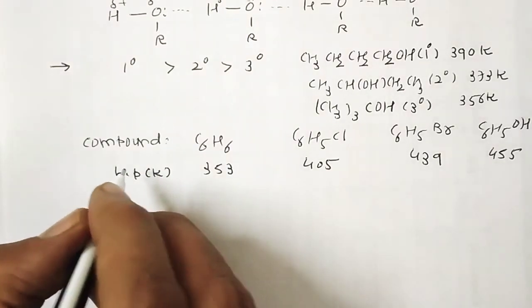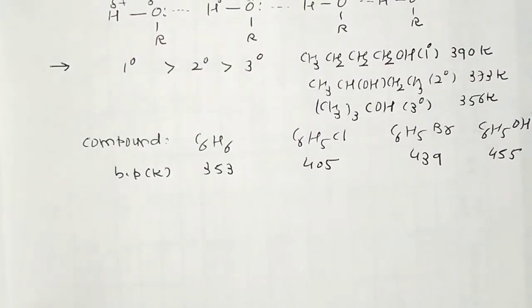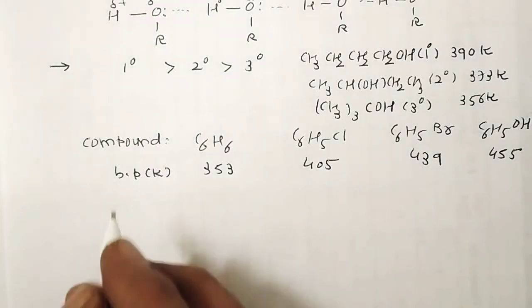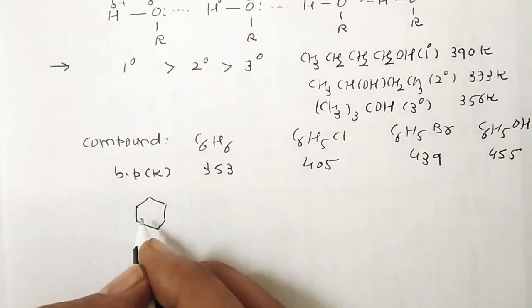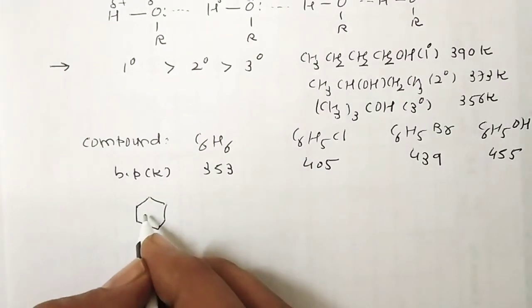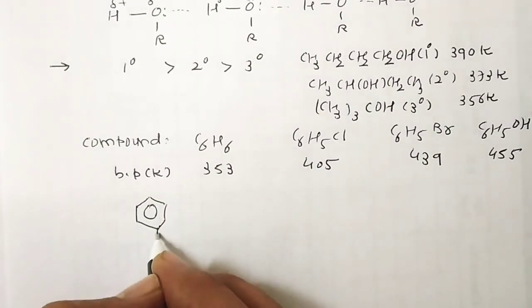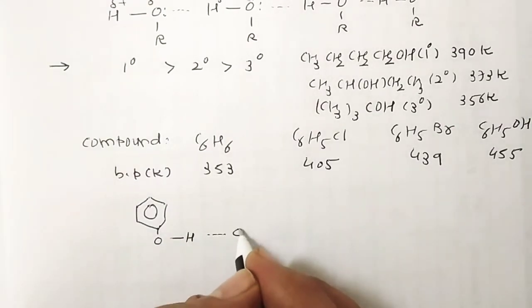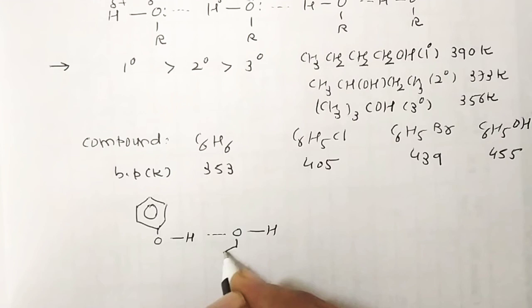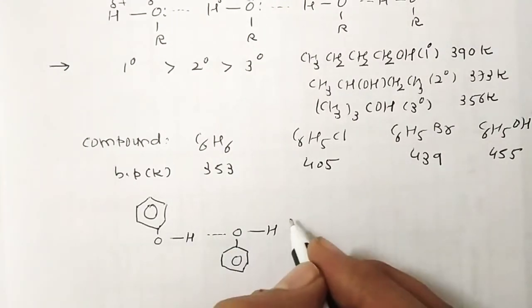In the case of phenol, for example, if I draw the structure of phenol, this is OH. So it reacts with OH. So it's an intermolecular hydrogen bond.